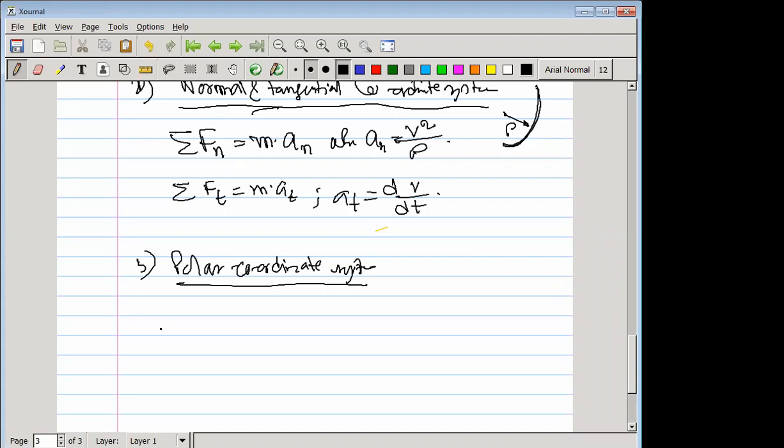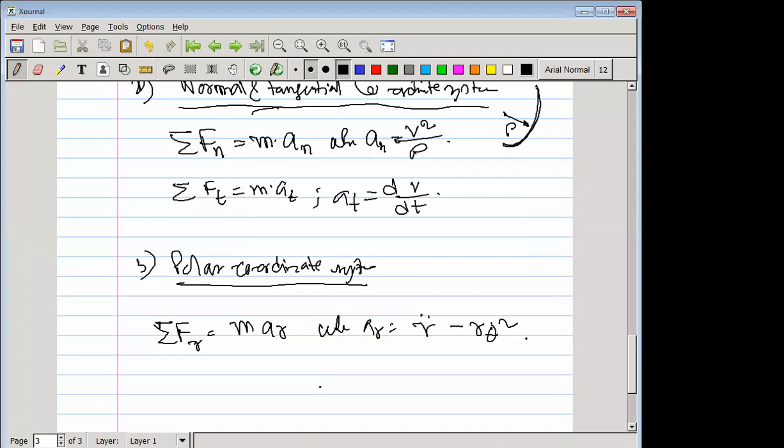We simply put polar, meaning radial and transverse. So the radial component is m into ar, where ar is r double dot minus r theta dot square, right? So this is the case for the polar coordinate system.